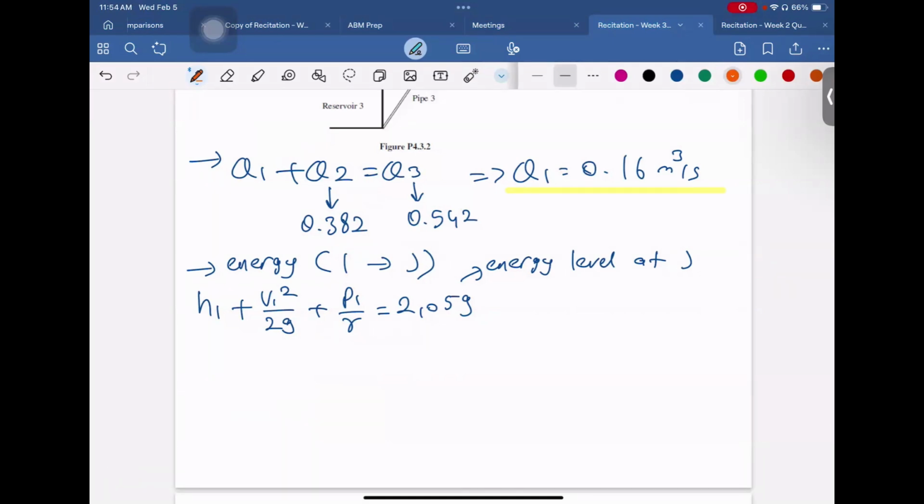And here we have zero velocity at the surface, and we have zero pressure. And also I forgot to mention that we will have head loss because we are going from 1 to J. So the elevation here will be equal to 2059 plus head loss.